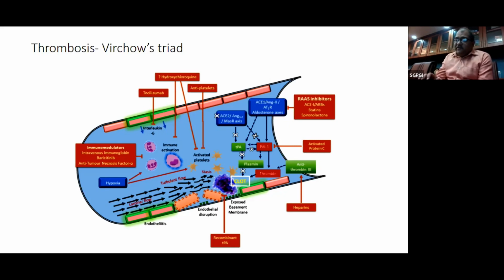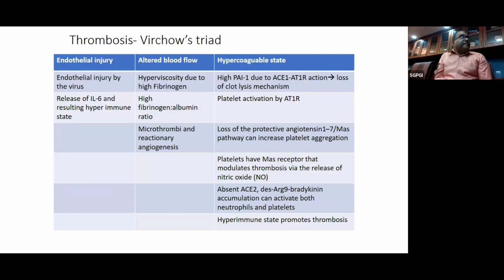They all cause activation of platelets, which promotes thrombosis. So these immuno-inflammatory thrombotic events are the hallmark of the pathogenesis of COVID-19.